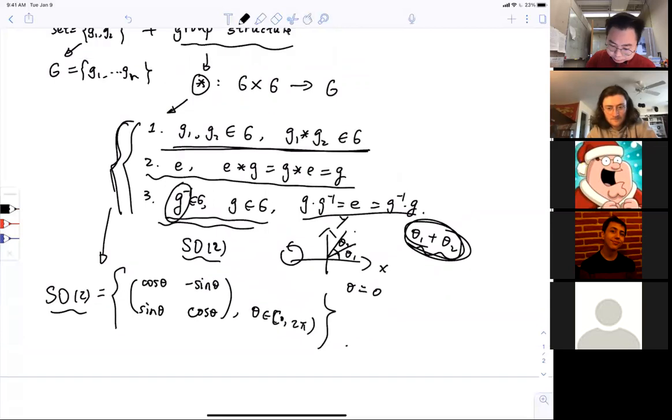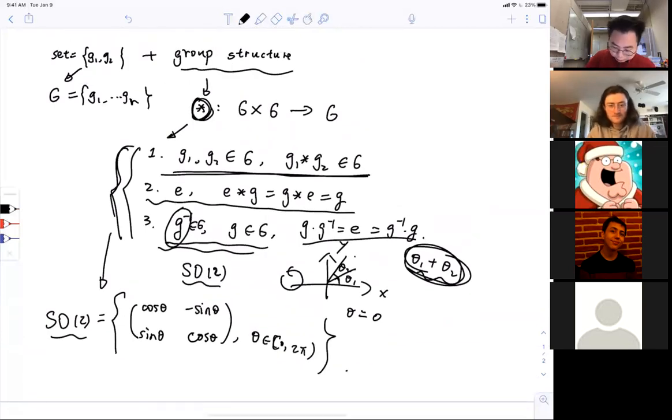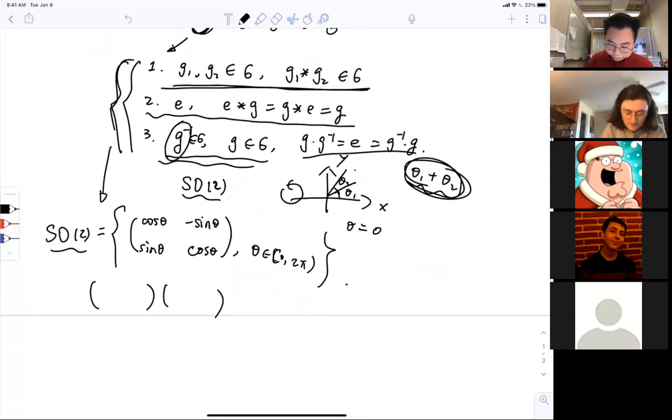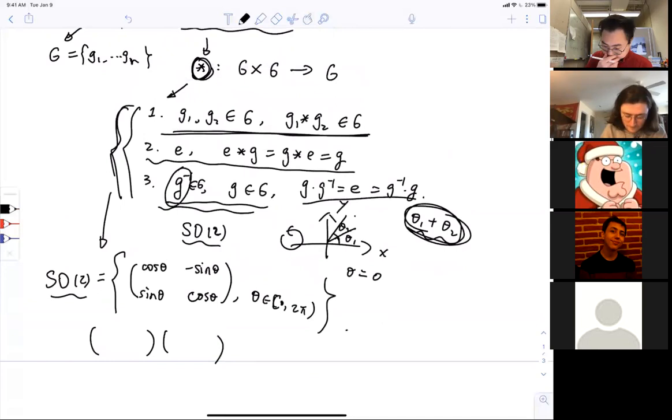And in this case, the multiplication is just matrix multiplication. Okay. As physics students, we should always have some example in our mind, because with this kind of abstract definition, after a long time, eventually you will forget.